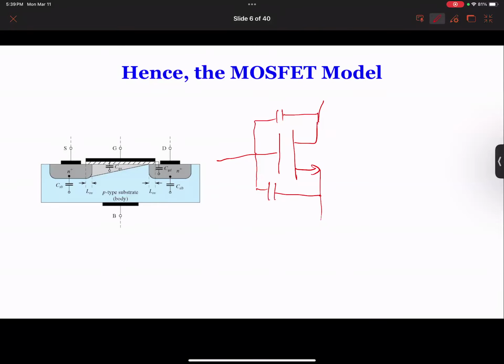Ideally, between drain and source I would connect a capacitor like this, because there are two plates, one here and one here. But these two plates are so far apart that the capacitance between them is so small. Therefore, this capacitance can typically be neglected.